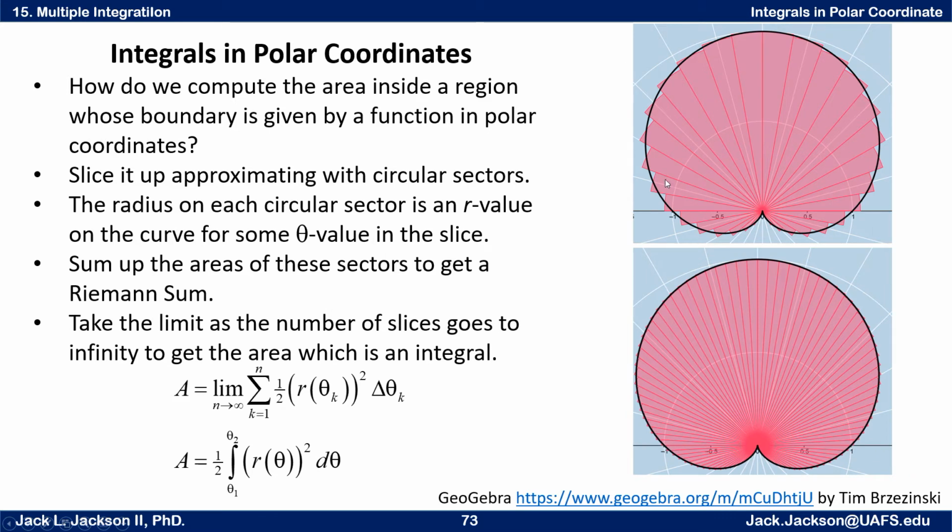And so here you can see more and more slices. It's getting closer and closer to the actual area. So the area is the limit as n goes to infinity of the sum from k equals 1 to n of 1/2 r of the theta sub k squared delta theta sub k. Okay, when you take this limit, what happens? This delta theta becomes d theta. We drop the subscript on the k, and we put our limits.